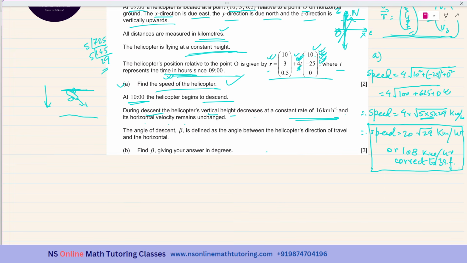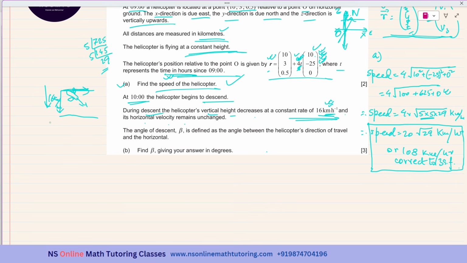So its horizontal velocity is unchanged, and the vertical height is changing at the rate of 16 kilometers per hour. By seeing the unit, you can understand this is some speed. Which speed is this? It is the vertical speed. So the vertical speed will be 16 kilometers per hour.